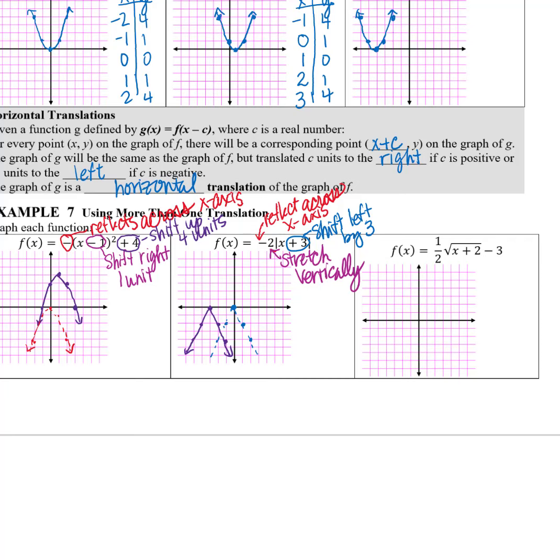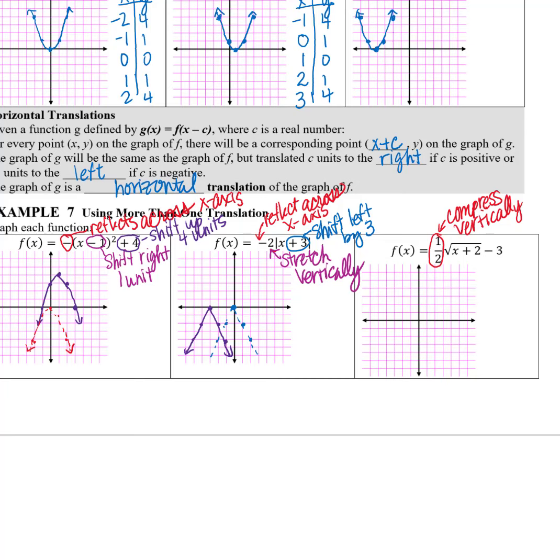The last one, let's see, we've got this 1/2. So the 1/2 will compress it vertically. So compress vertically. So this is a square root function. So we're just going to take those y values and take half of them.